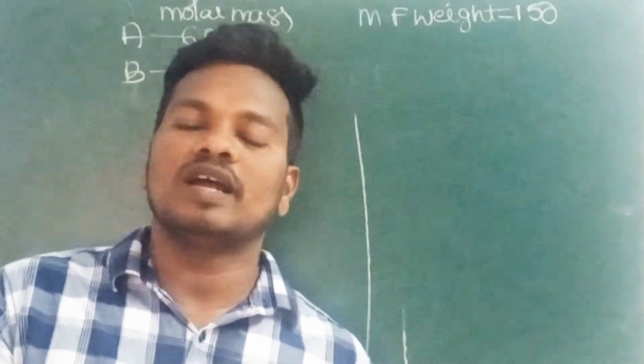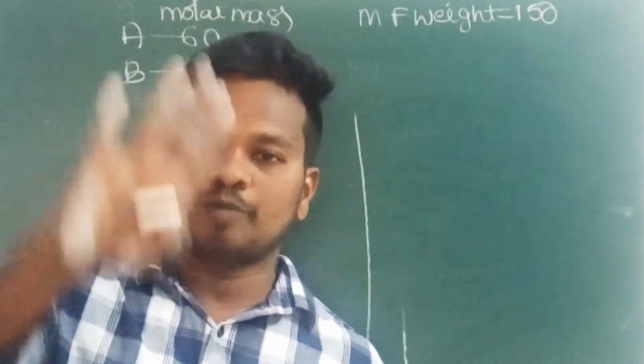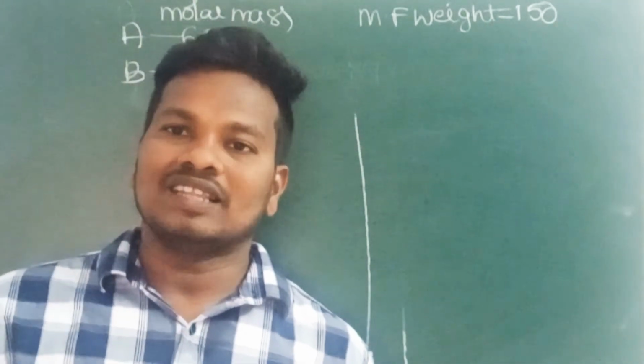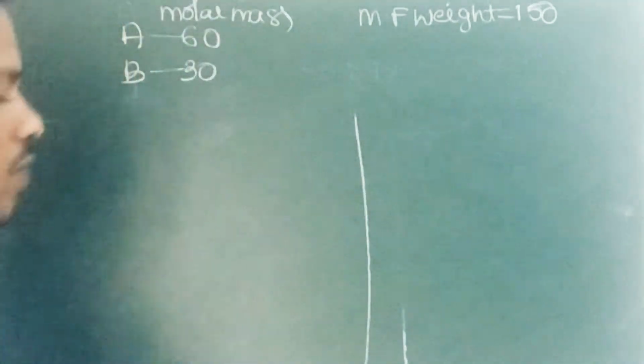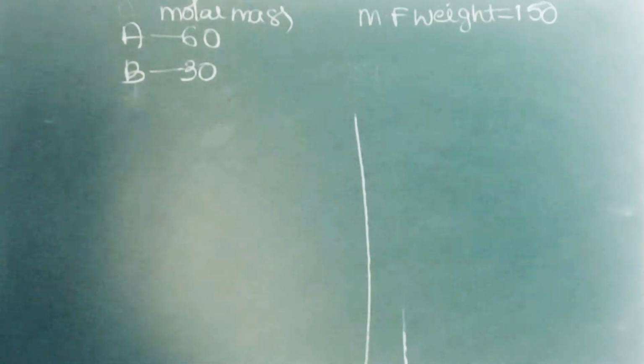Molecular formula weight is nothing but the weight of all the atoms present in the molecular formula. Molecular weight is the same as molecular formula weight, or molar mass. So they are asking about that.